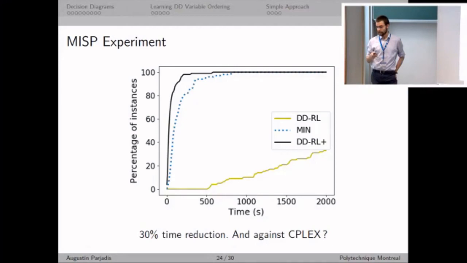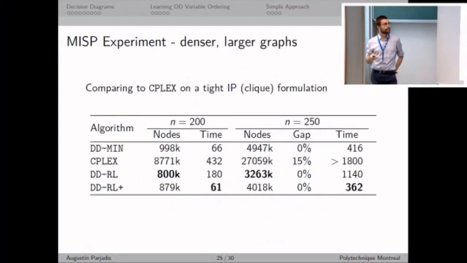And so if we want to compare also to a simplex, to a branch and cut solver, we've been interested in much harder graphs. And here the agent, after enough graphs of size 250, we can see that again on harder graphs, the simple agent approach allows to have fewer nodes explored during the search, and the improved version to be much faster.